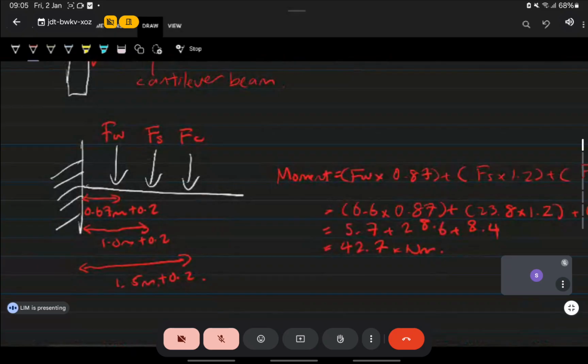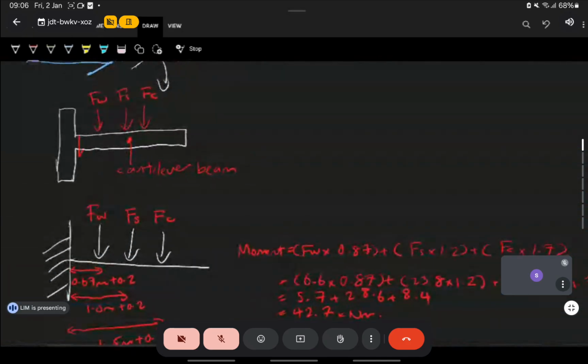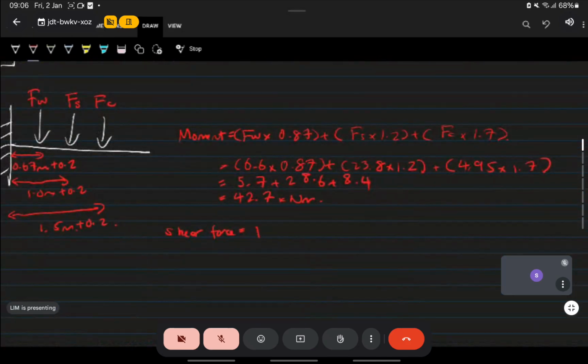So the shear force is FW plus FS plus FC, which is 6.6 plus 23.8 plus 4.95, 35.35, so 35.4. There, you have a moment, you have a shear force.